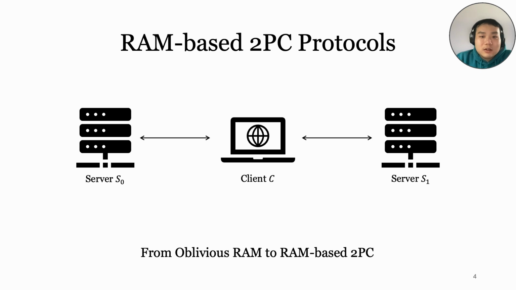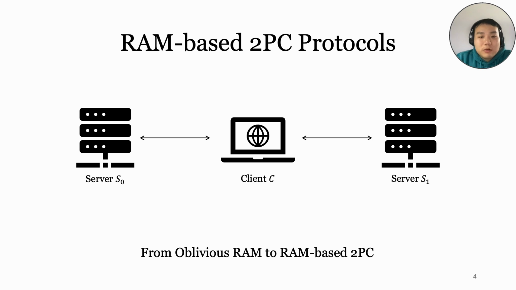In previous years, oblivious RAM has been a classical way to solve the RAM-based 2PC problem. An oblivious RAM protocol allows a client to outsource storage of an array to the server, and then read from or write to that array without revealing to the server any more information about the data itself or the memory access pattern.